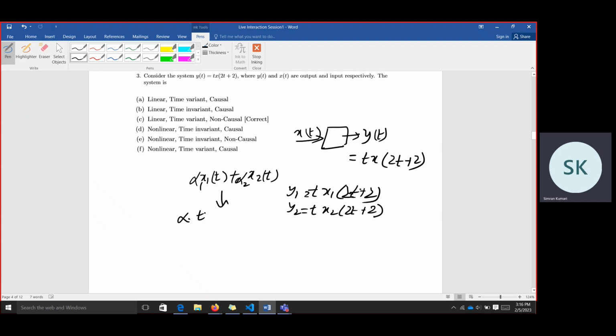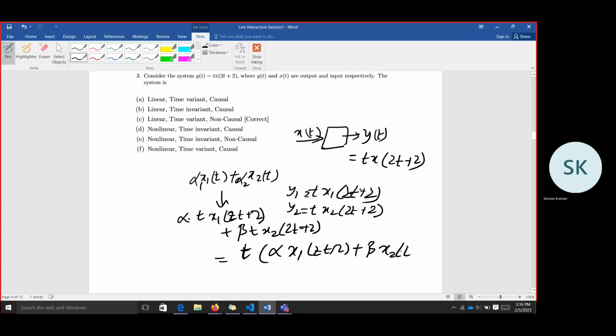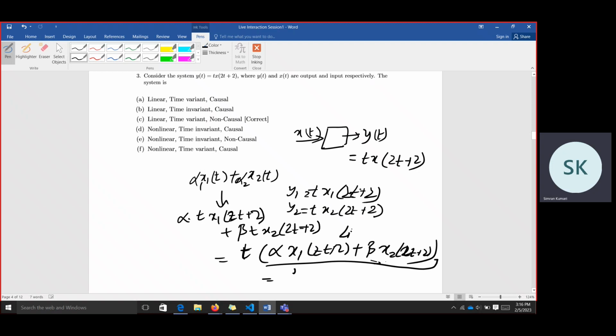So this will be alpha t x1(2t plus 2), and then beta t x2(2t plus 2). Now we can say that t is common, so t times alpha x1(2t plus 2) plus beta x2(2t plus 2). So that means this is equal to t into this one. Therefore, we can say this is a linear system.